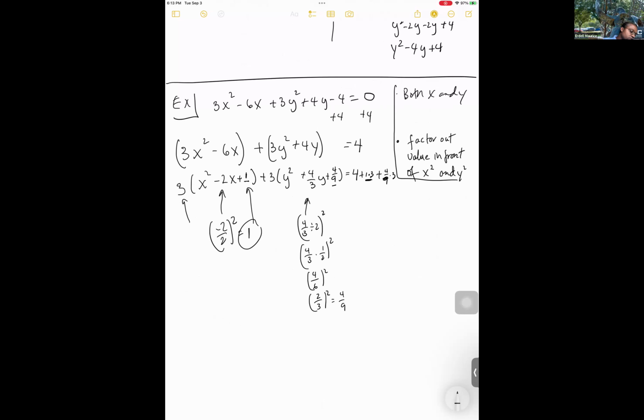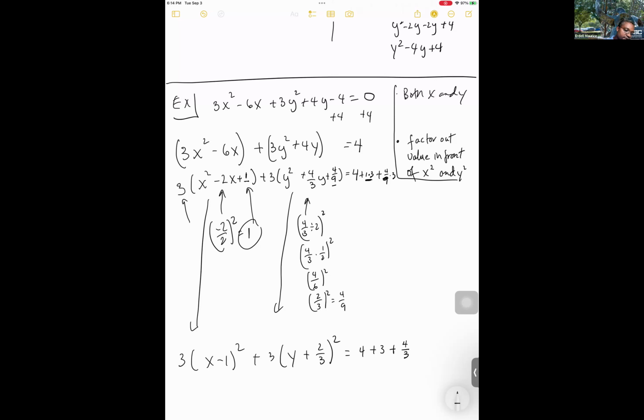So this first one becomes x minus 1 squared with a 3 on the outside. This second one becomes y plus 2 over 3 squared, again with a 3 on the outside. And then the last one becomes 4 plus 3 plus 4 over 3.